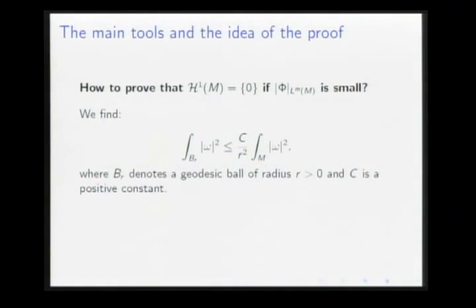Well, and to prove that this space is trivial, we have used some techniques of harmonic functions with the above tools to find this kind of inequality, where B_R denotes the geodesic ball of radius r, and C is a constant which depends on lambda, etc. Of course, using the fact that the length of omega lies in L2, and taking r going to infinity, we find that omega is 0.